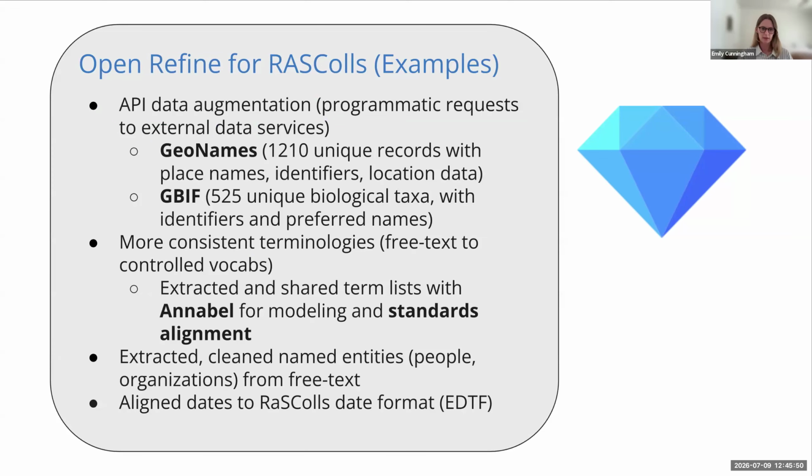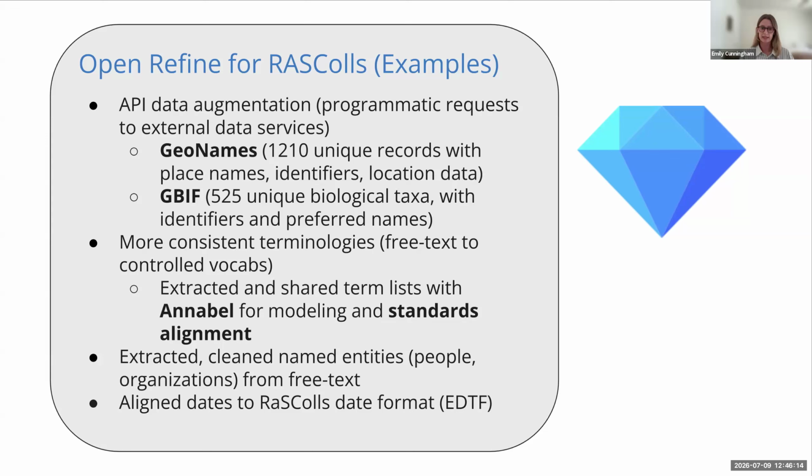So with OpenRefine, more specifically, we can use APIs to enrich the data programmatically. We have added GeoNames identifiers for over 1,200 unique places, as well as GBIF data, and that's the Global Biodiversity Information Facility. We've added over 500 unique biological taxa.